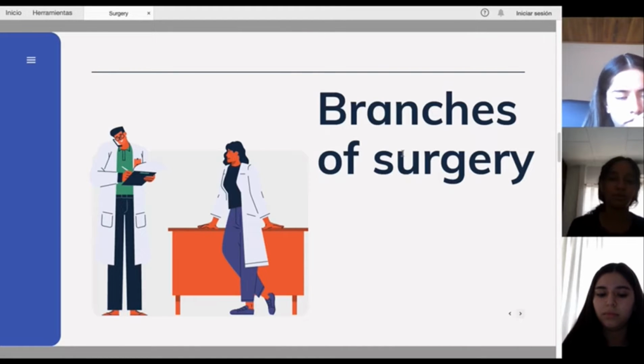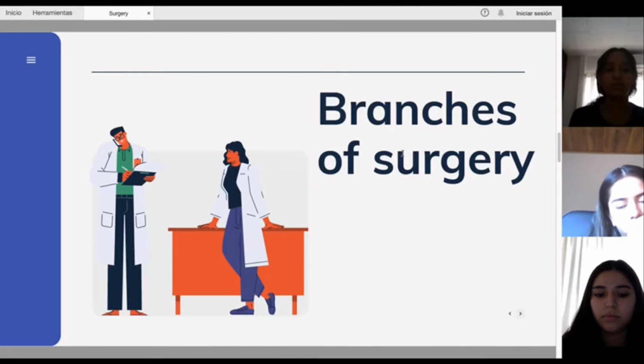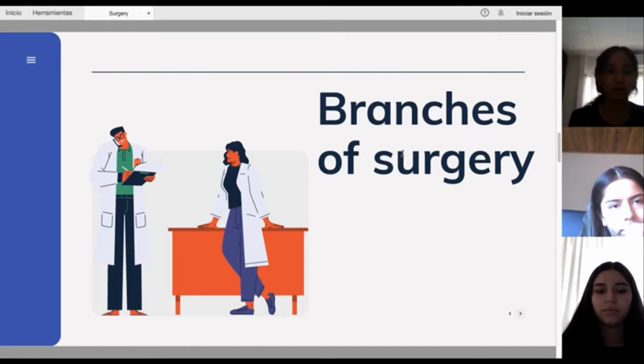Branches of surgery. Cardiovascular surgery describes any surgical procedure that involves the heart or the blood vessels that carry blood to and from the heart.